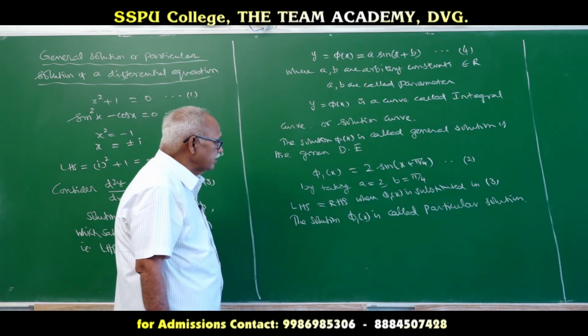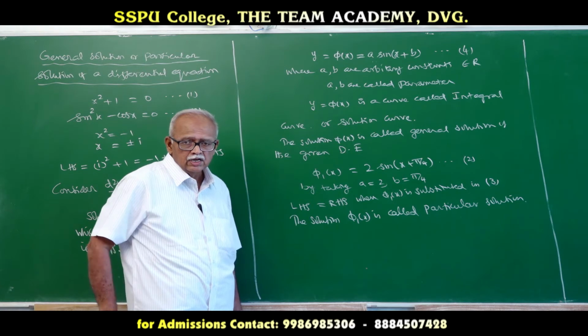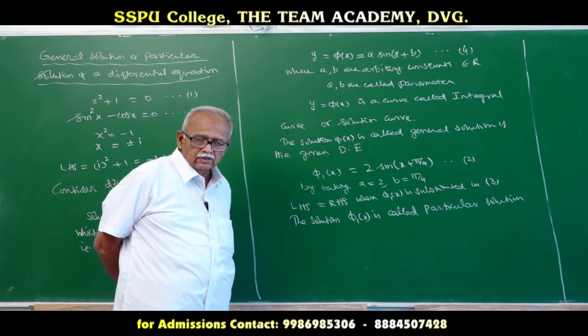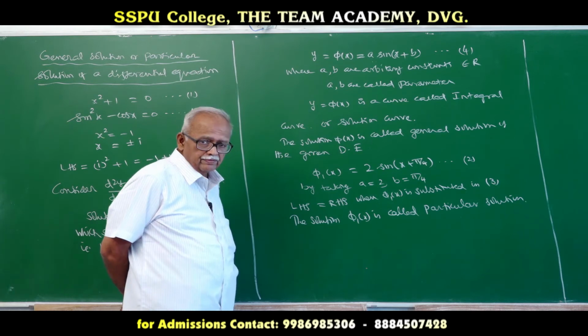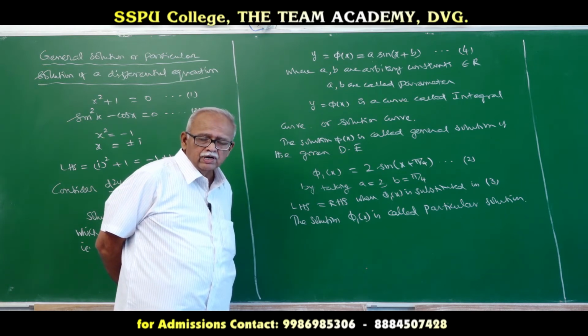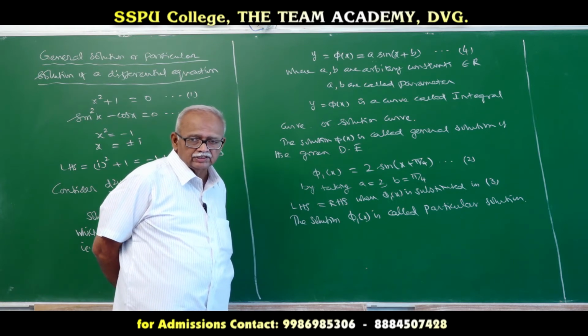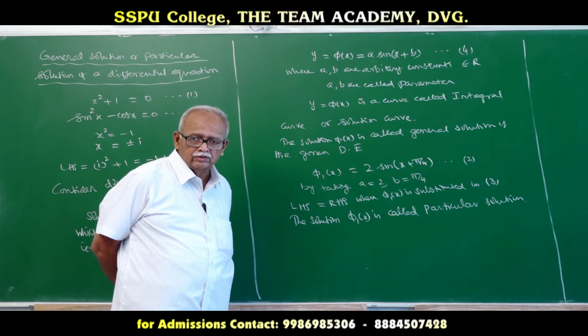So in a differential equation, the solutions are of two kinds. One is a general solution and another is a particular solution. So what is a general solution? The solution of the differential equation involving arbitrary constants is called a general solution. What is a particular solution?